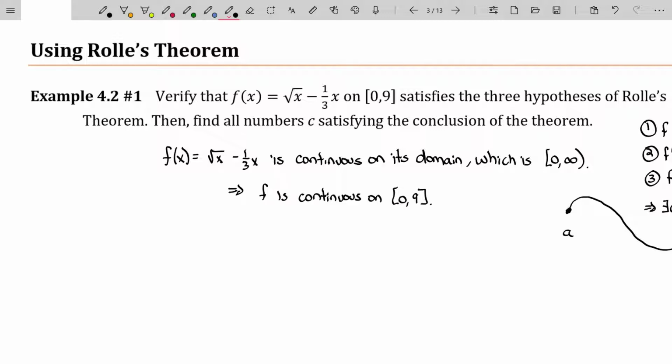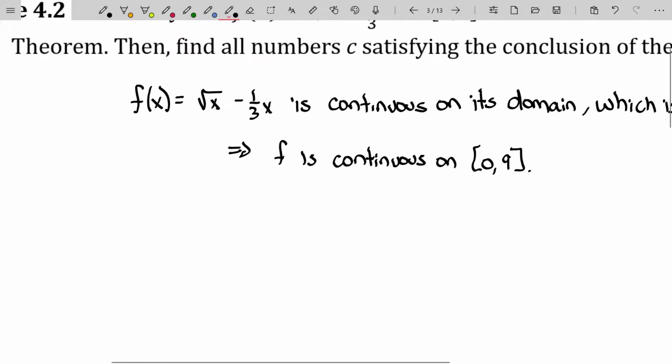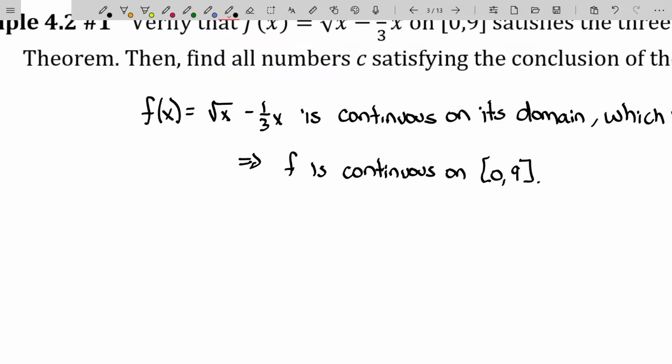If you don't do that, you can't use Rolle's theorem. That's just an important point to make. A lot of students on exams tend to gloss over this step. It's the easiest step in the world, but for some reason they forget it and move on. You can't do that. We need that continuity to be stated. So our first condition is met.